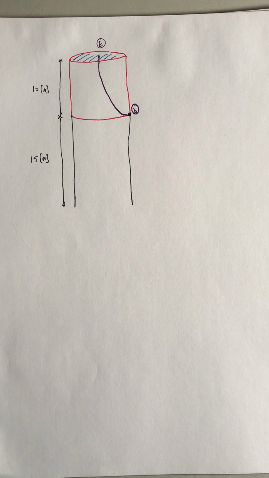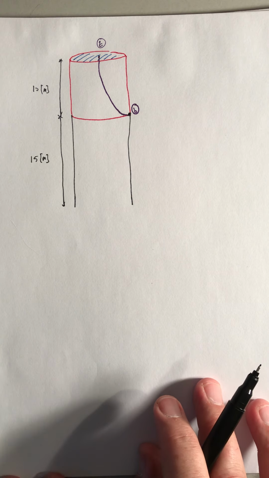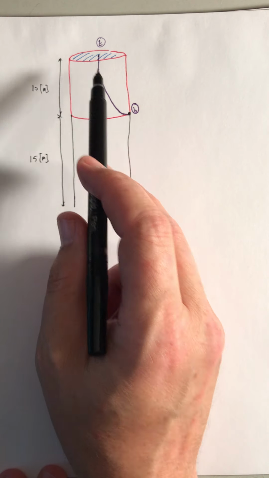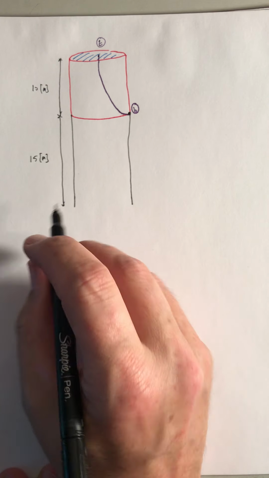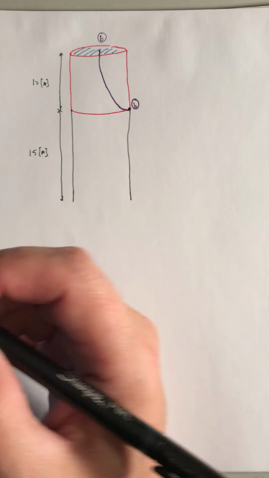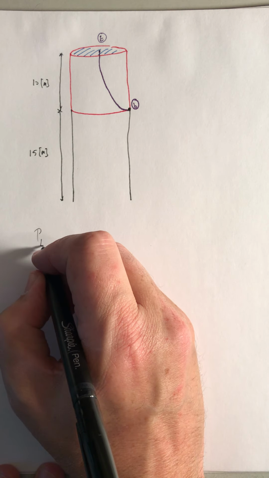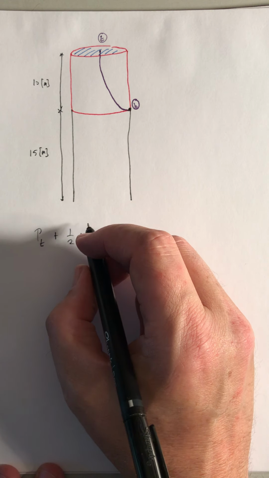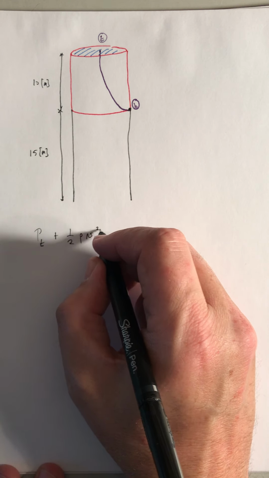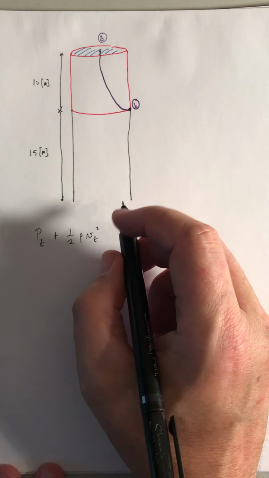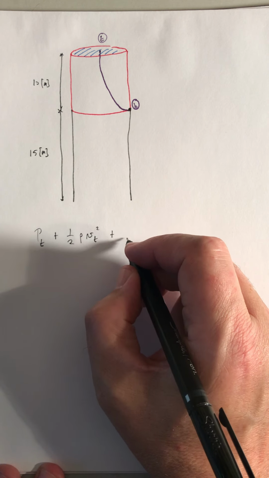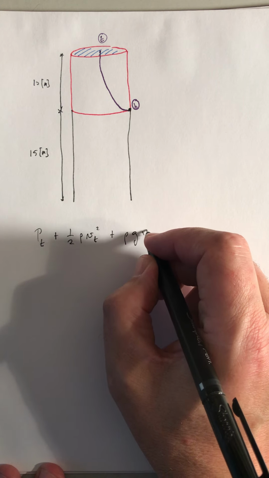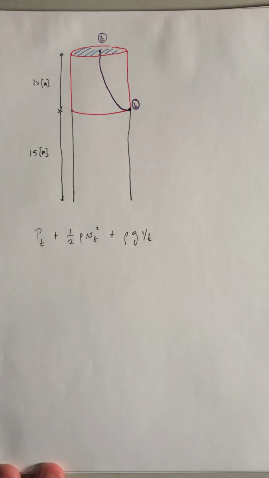Okay. So that's the 2 points that we're going to apply conservation of energy to via Bernoulli's principle. So relate our state at the top and the state at the bottom. I'm going to just write out Bernoulli's principle. So conservation of energy is going to say that the pressure at the top plus a half rho v, so the speed at the top squared, plus rho g, and the height there at the top.